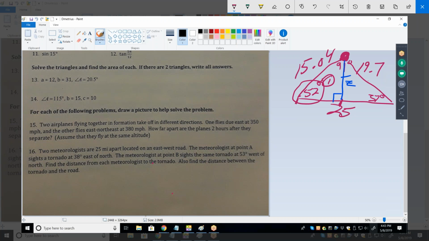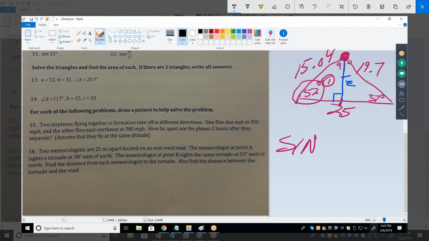Which trig function? Which trig function relates the opposite side to the hypotenuse? Tangent? No. Sine. Okay, so give me the equation. Sine never equals anything. Trig functions are always trig functions of an angle.